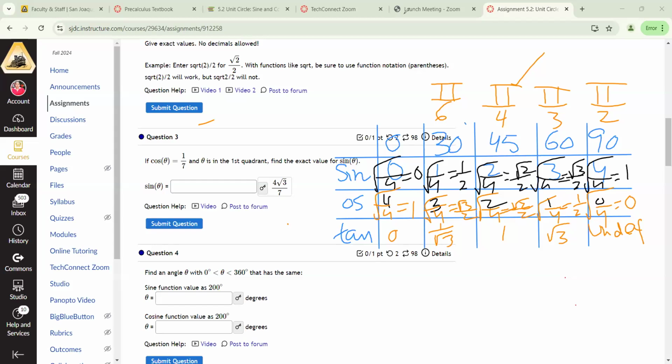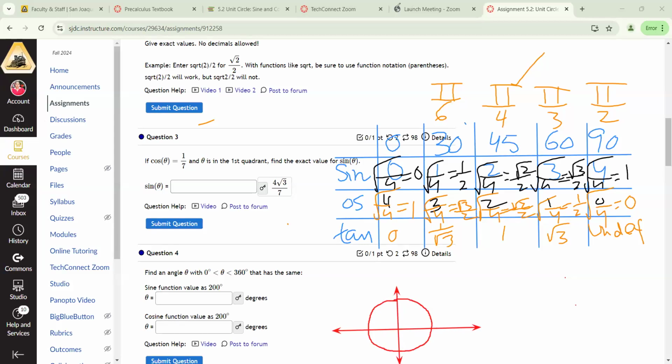Okay. So what I'm going to do here is a little drawing to help you understand what this question is telling us or asking us. So this is your y-axis. Here is your x-axis. And here we draw a unit circle. That's your unit circle.